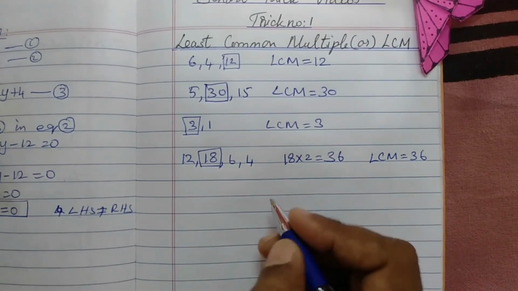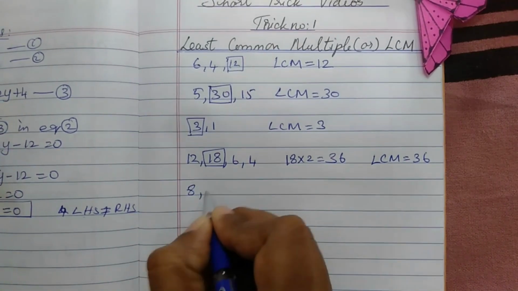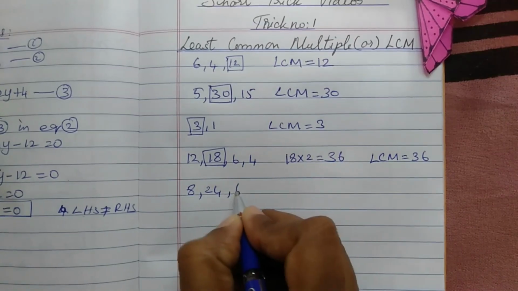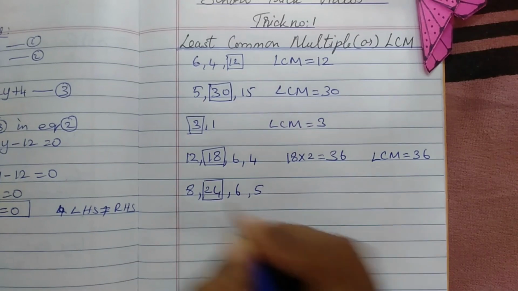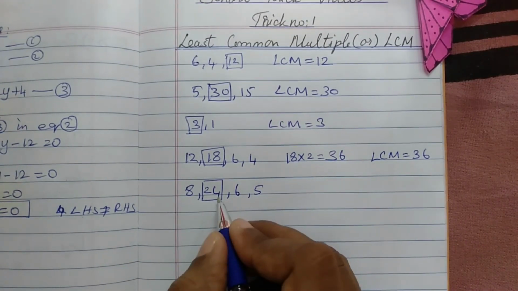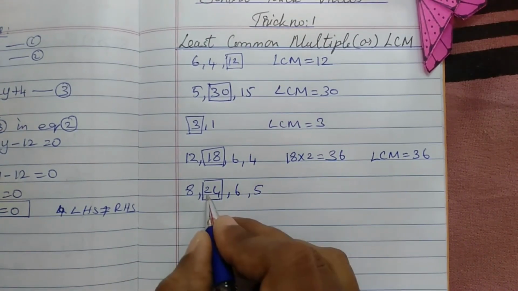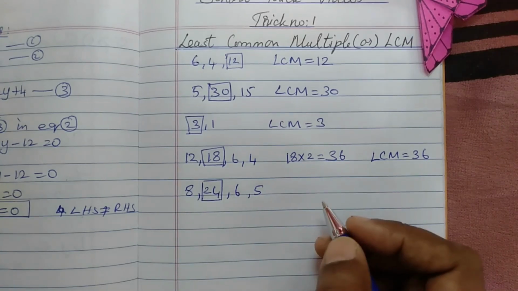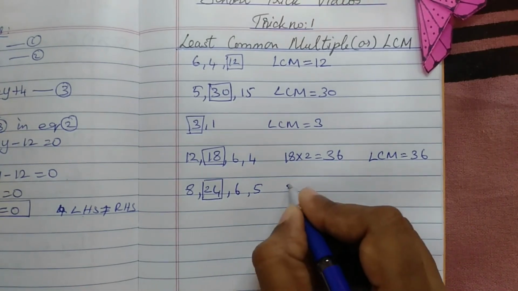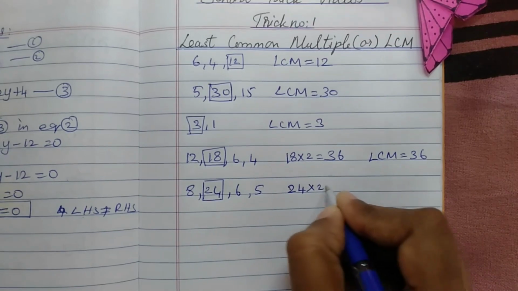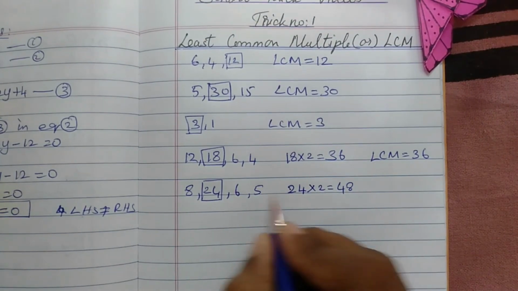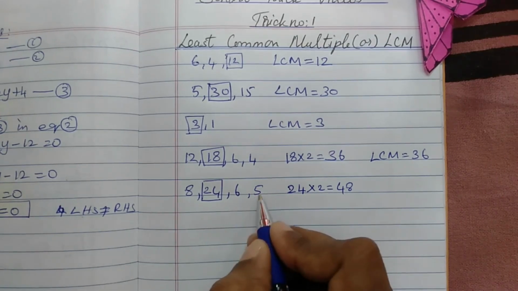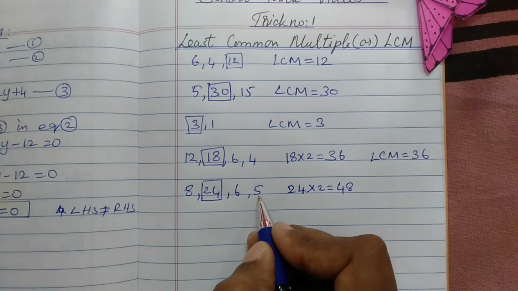Okay, our next set of numbers are 8, 24, 6 and 5. Now here 24 is our greater number. 8 can divide 24, 8 3s are 24, then 6 4s are 24, but 5 won't divide 24. So again multiply 24 by 2: 4 2s are 8, 2 2s are 4, so 48. 5 cannot divide 48 because all the multiples of 5 end in either 0 or 5, right?